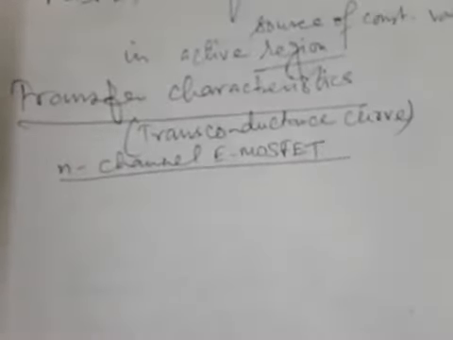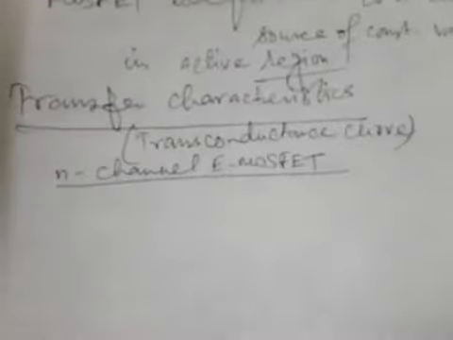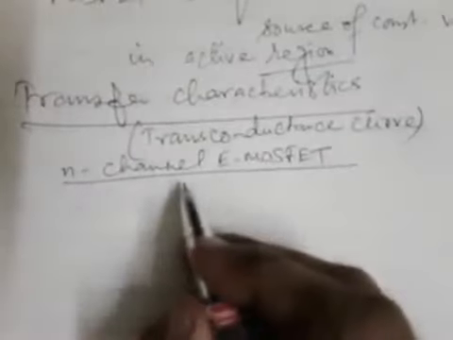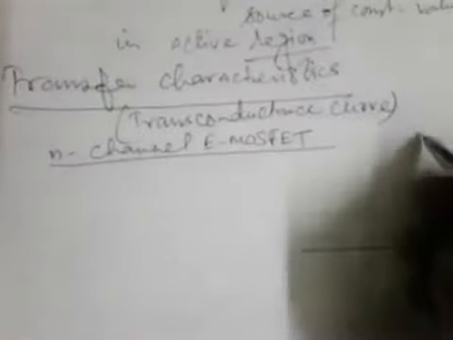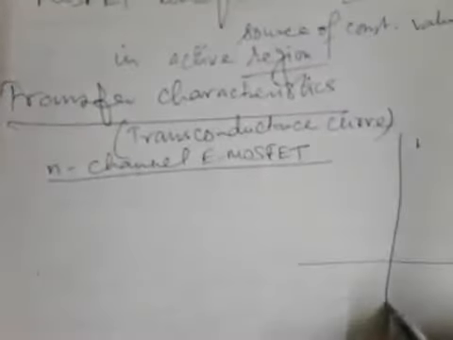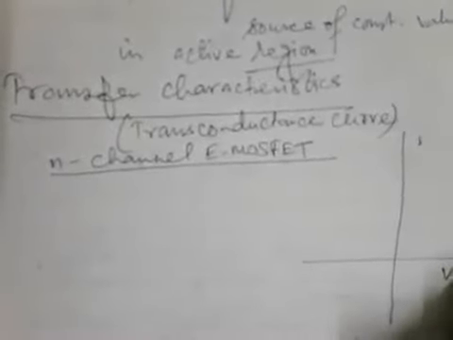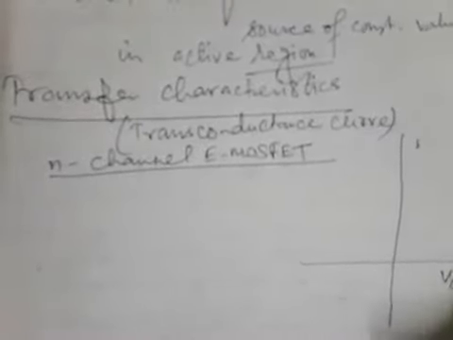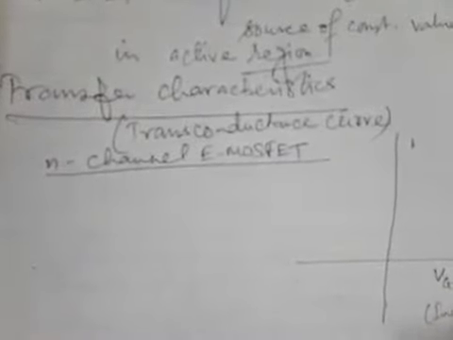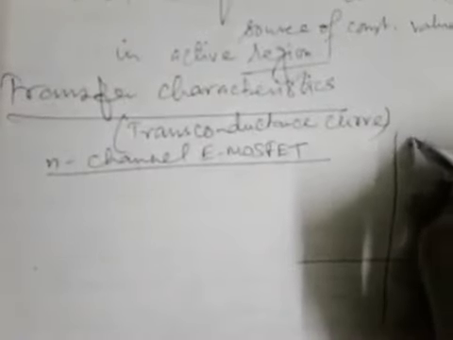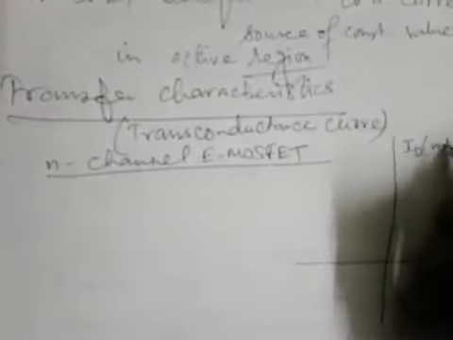Now let us draw it for the N channel enhancement MOSFET. So we are taking two axes first. On the X axis we are taking the input voltage, which is VGS, the gate to source voltage. So this is my input voltage in this case. And on the Y axis we are taking the drain current ID in milliampere.